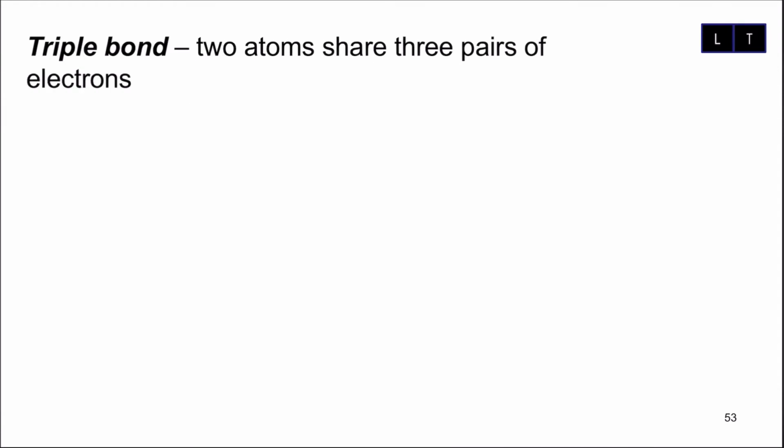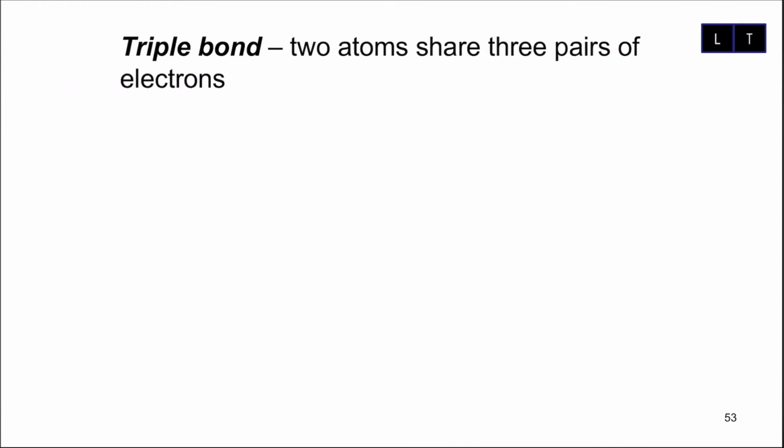You can see the formation of nitrogen molecules by sharing 3 pairs of electrons. Saya ada nitrogen, 2 of them, and then they will share 3 pairs of electrons. Maknanya 6 electrons berada di tengah-tengah antara 2 nitrogen atoms dan selebihnya akan berada di sekeliling nitrogen.